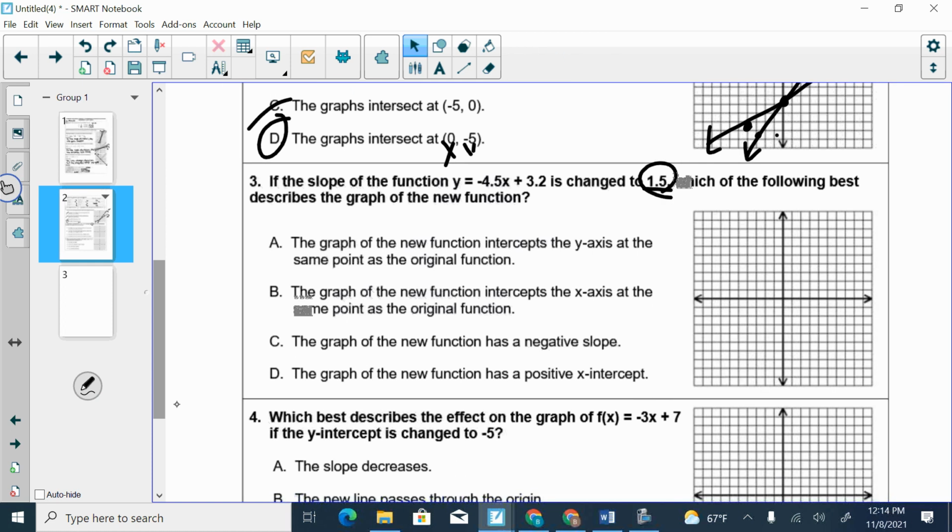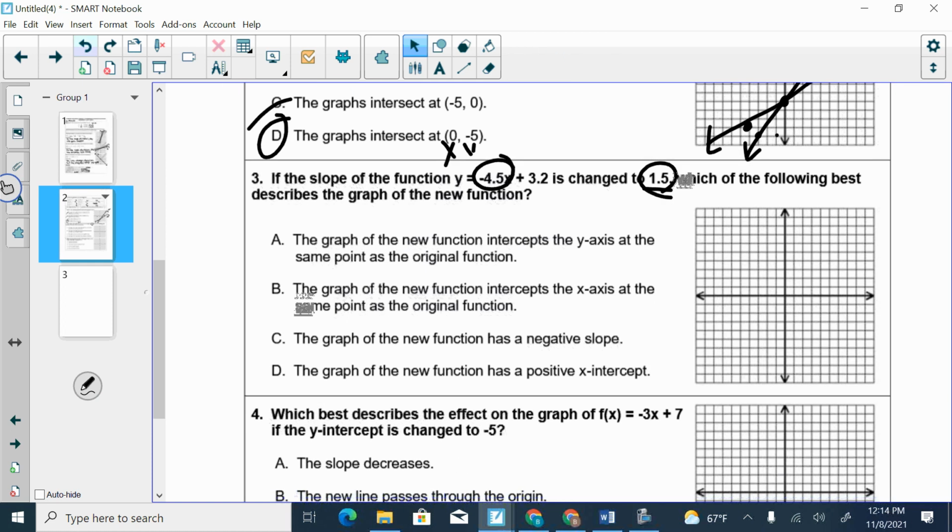Okay, so which one of them has a larger slope? Is 4.5 or 1.5 larger? The 4.5. So that means this one should end up being steeper, right? But this one's negative, that one's positive, so they also are going to flip. Okay, so that's what we need to keep in mind when reading these answer choices.